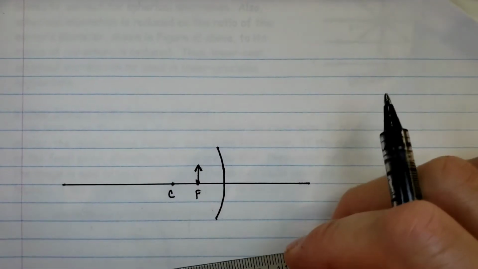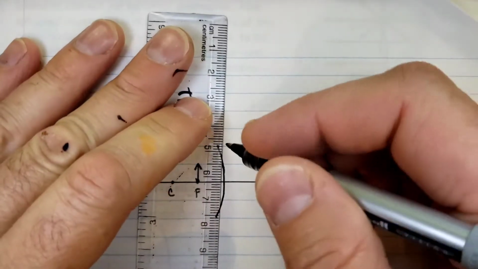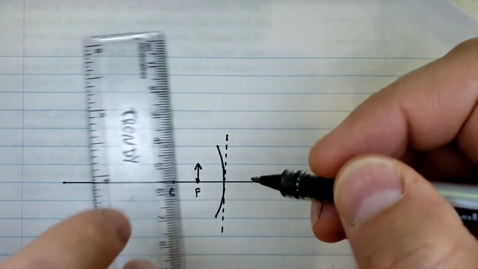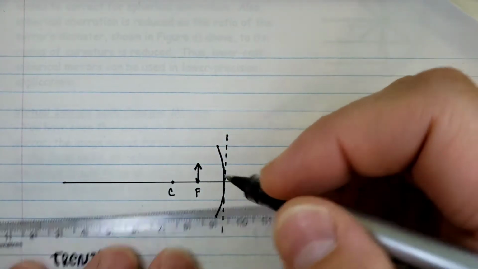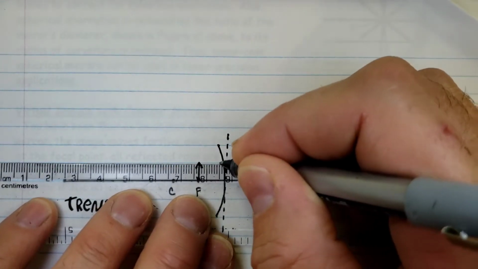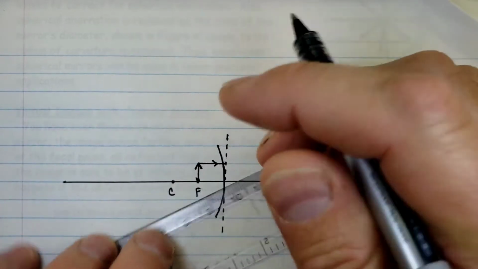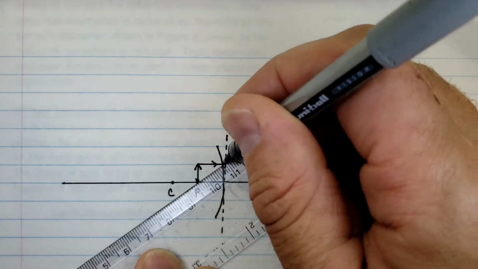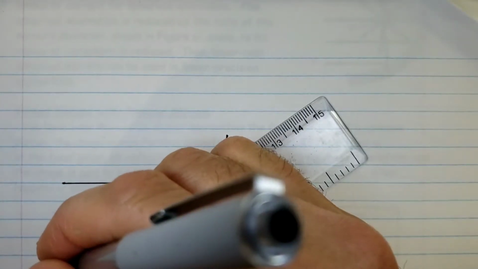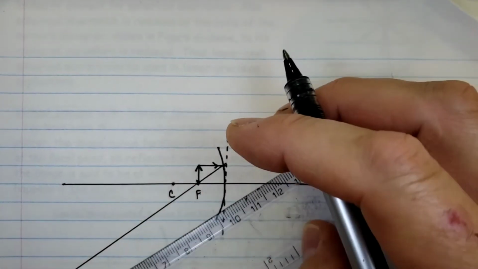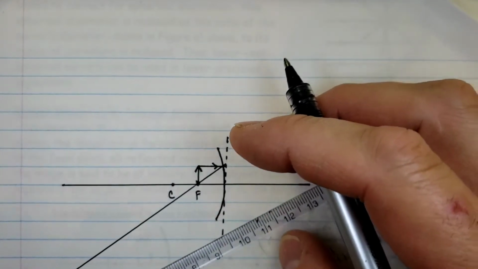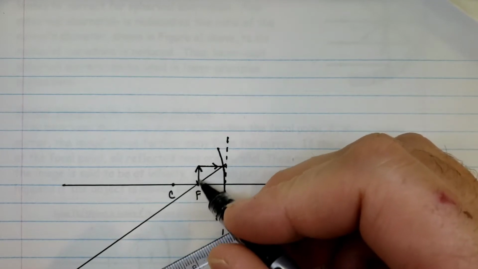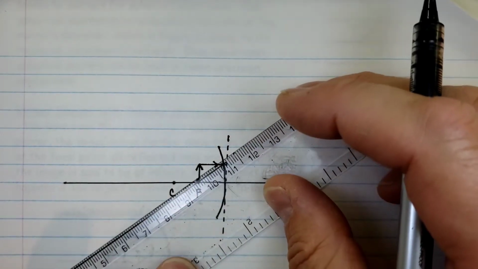So if we look at the scenario when it is at F, I just sketched this out on another piece of paper. You can do the same if you like. Of course, the first ray is in parallel, out through F. Now we can't go in through F, out through F here because it's at F, but there's a third ray that we can look at.